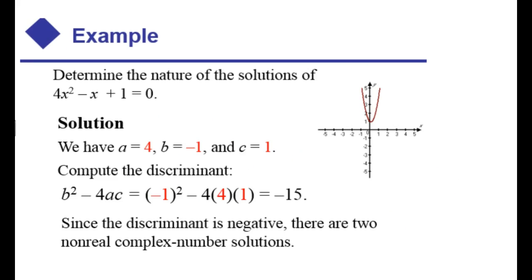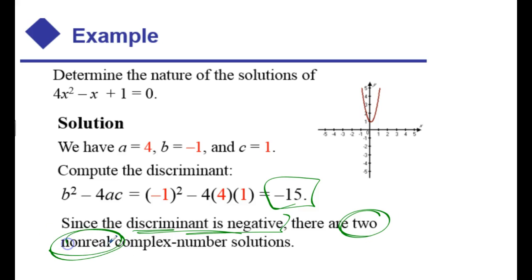So it's not crossing the x-axis at all. So negative 15, the discriminant is negative, which means there are, well, this says 2 non-real complex numbers. That means it's like 5 plus or minus i square roots of 3 or something divided by 2. They're imaginary. So imaginary roots do not cross.